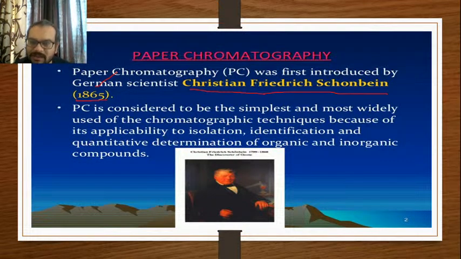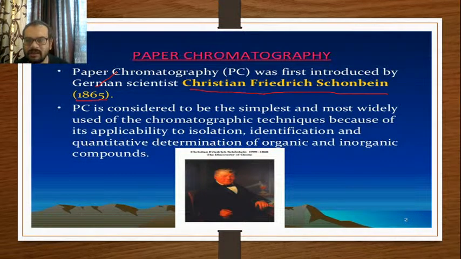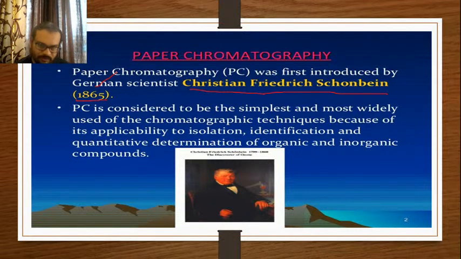Importantly, as we have already discussed in the introduction to chromatography, these chromatographic techniques were historically developed for identification and isolation of color pigments, or more specifically plant constituents. The plant constituents of interest were separated historically by many scientists using different techniques, and the techniques evolved from there onwards.